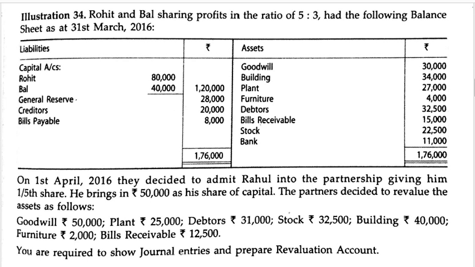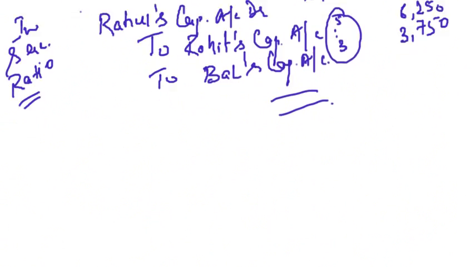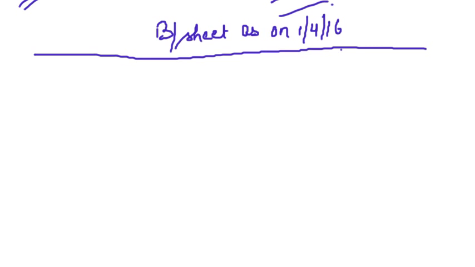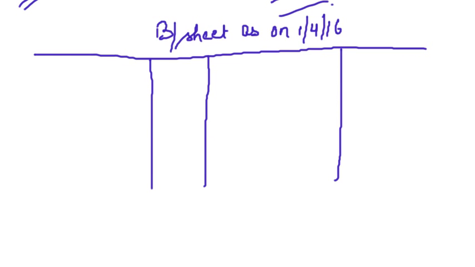Plant 27,000. Furniture 4,000. Debtors 32,500. Let's prepare a small balance sheet here. If they ask you to prepare balance sheet as on 1/4/16, that is the opening balance sheet after the admission of a new partner. So what will our balance sheet look like? Let's see.